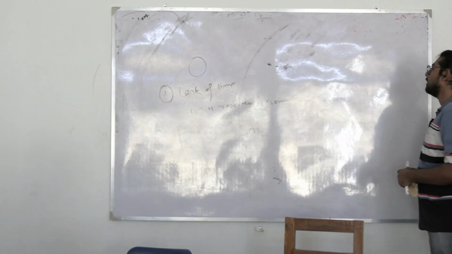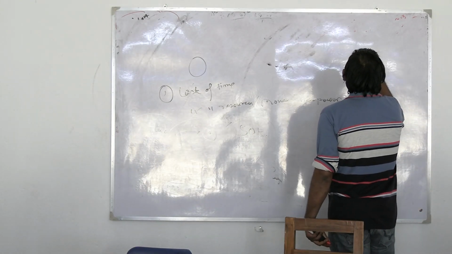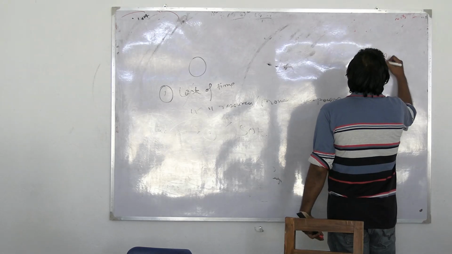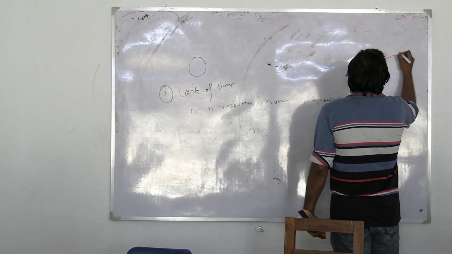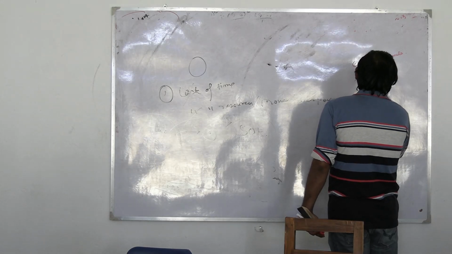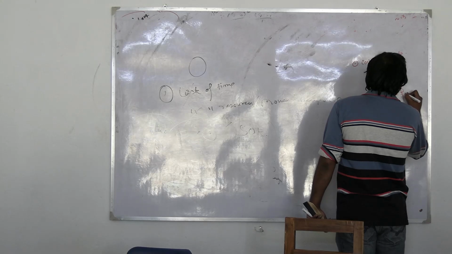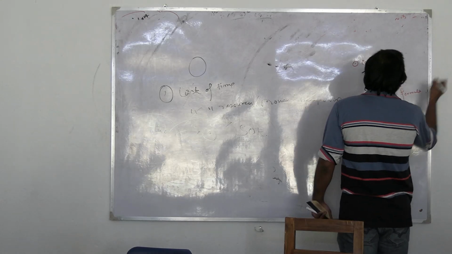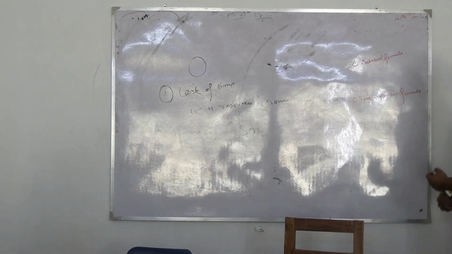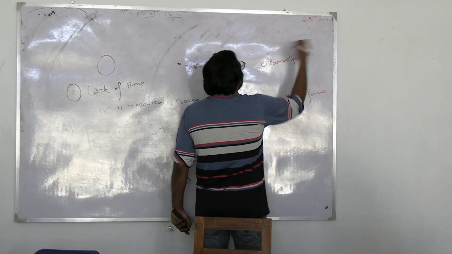There are 2 formulas for calculating desired sample size. One is Cochran's formula. And another is Taro Yamane's formula. Cochran's formula is used when we don't know the population size.